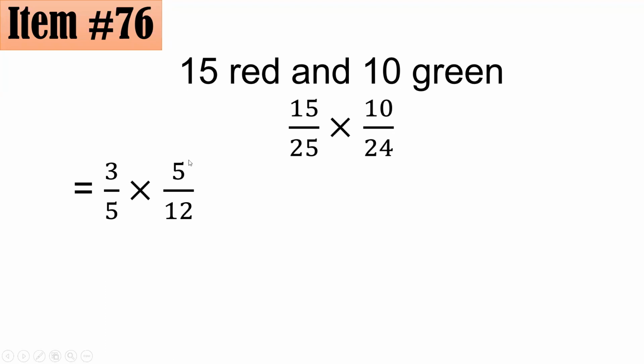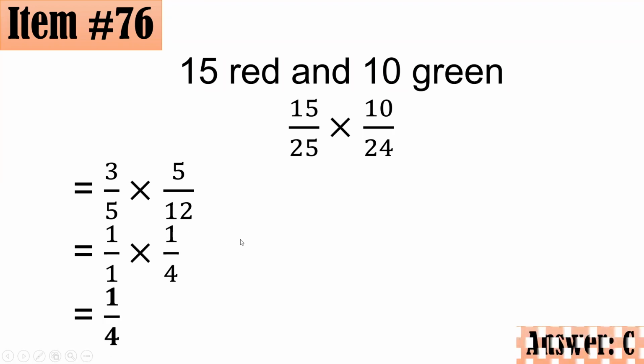The second one simplifies to 5/12. I divide the 3 and the 12, it became 1/4. The 5 over 5 became 1, and you get 1/4. Letter C. So I hope na nakuha po natin yung explanation. So letter C nga po yung ating tamang sagot.